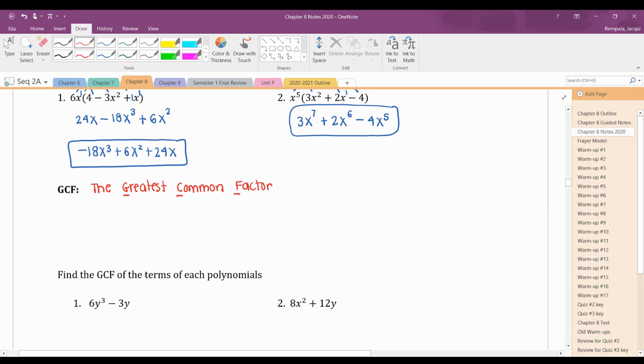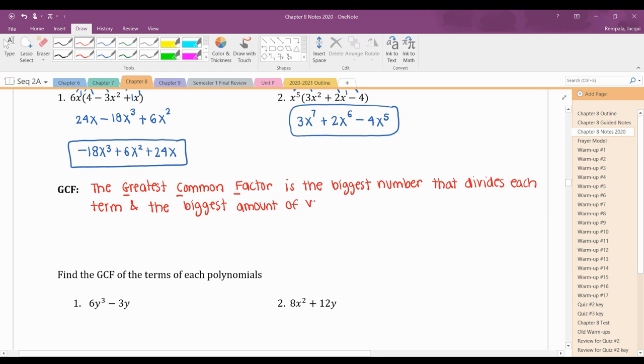So the greatest common factor is the biggest number that divides each term and the biggest amount of variables that the terms have in common.